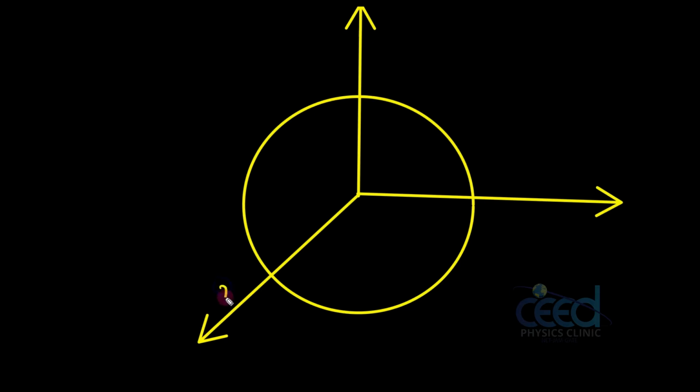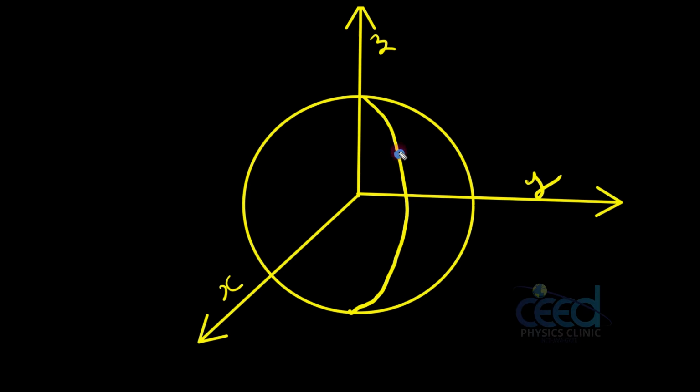So this is x, this is y and this is z. To make it look like a sphere, I am drawing a small extension like this. Now consider a small point on the surface of the sphere.